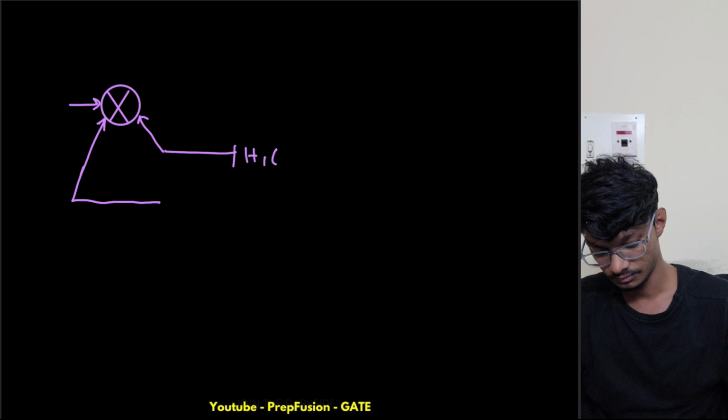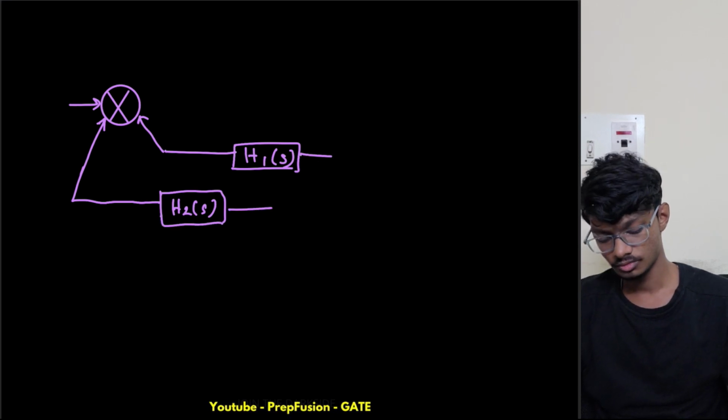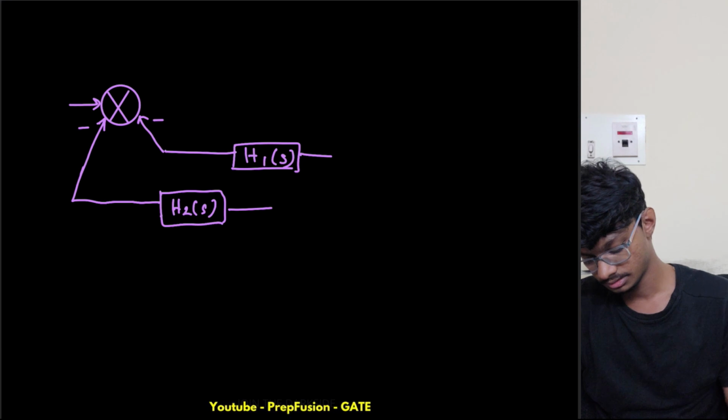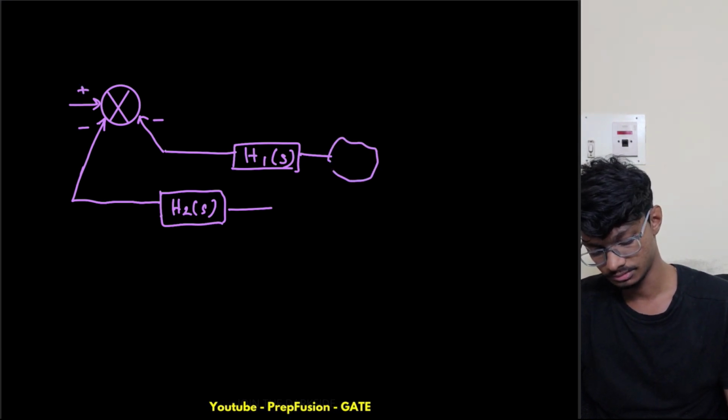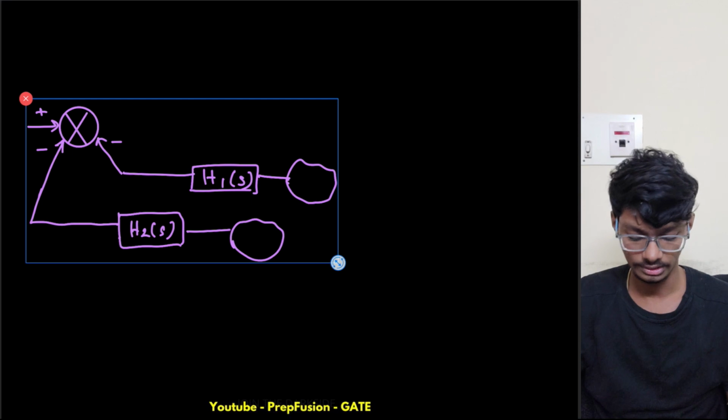This is h1 of s, and this is h2 of s. This is minus and this is plus only. How can I represent this? So this is one system again, and there are some things on that side.